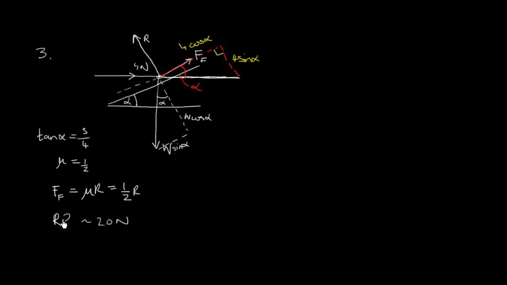Now we want R, so in order to find R we need to take into account the fact that this force of 4 newtons is pressing into this ball harder, so the ball is pressing onto the ground harder than it would be without this 4 newtons, because some of this force, which is this here, is actually pressing it down into the floor in this direction, right?